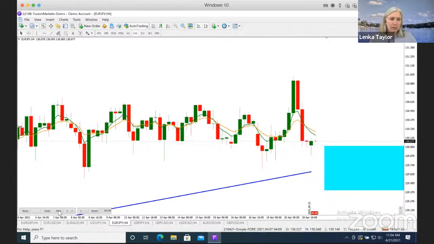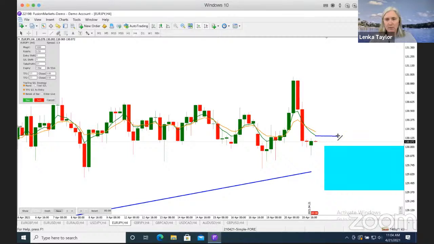Okay, so looking for a long on that one. So shift 1 for the entry just above that bar. And let's say entry about there.